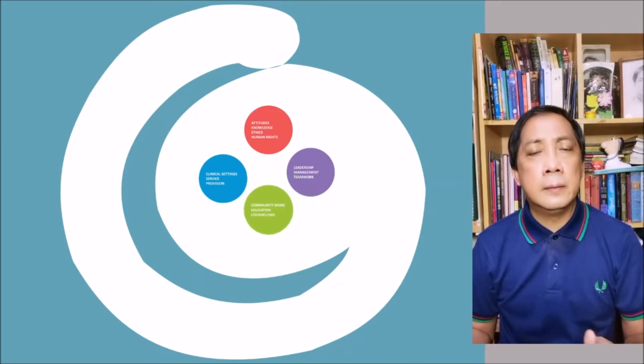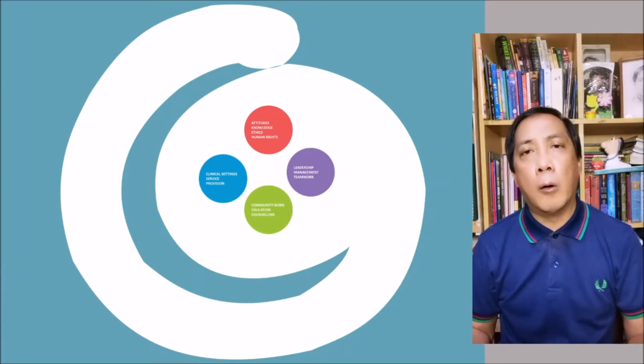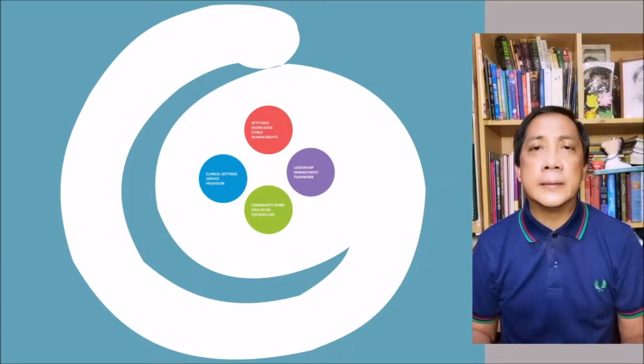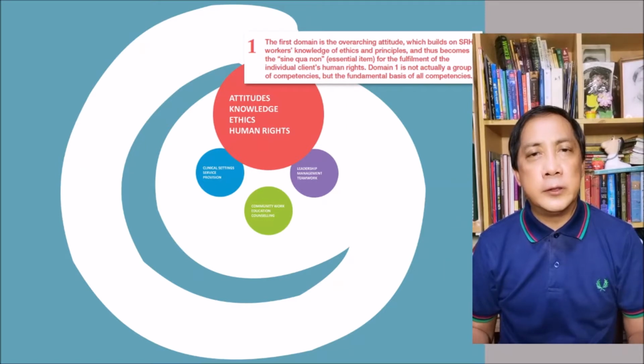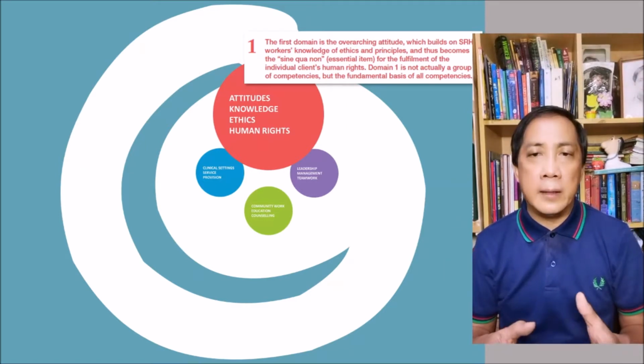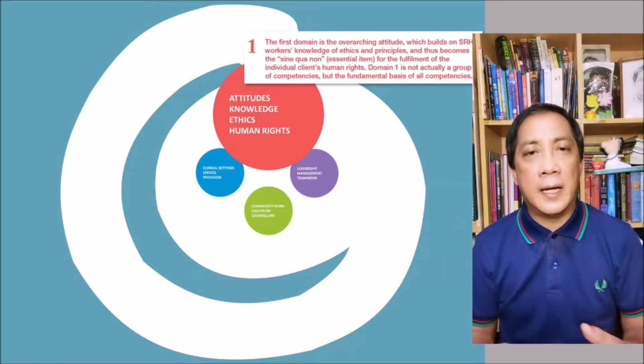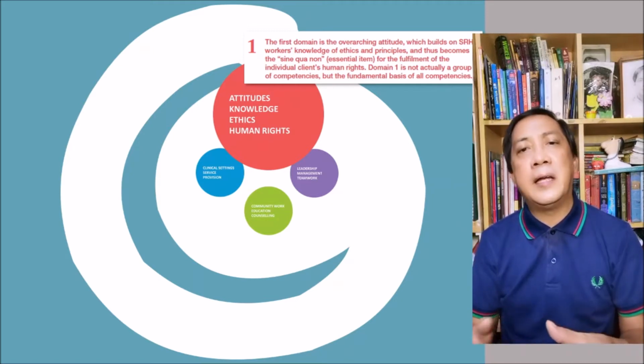But let's look quickly at what these domains are and how they were broken down into competencies. Attitude and knowledge is the baseline, the knowledge and attitude needed by the three other elements.